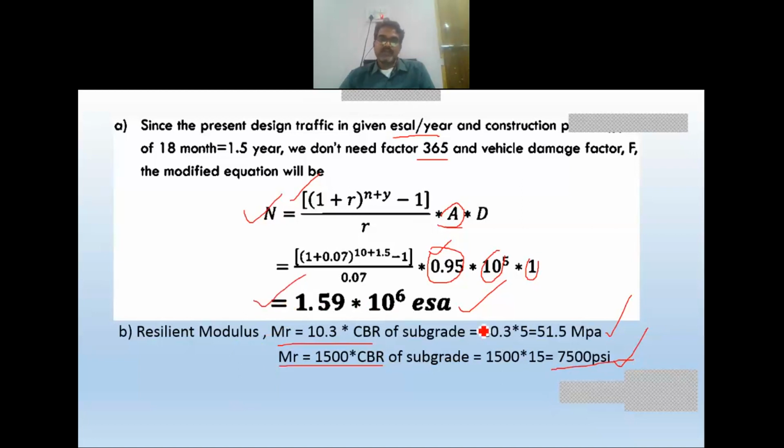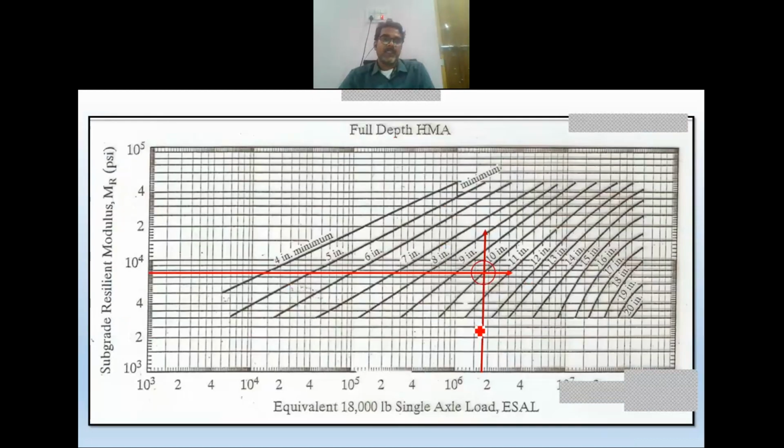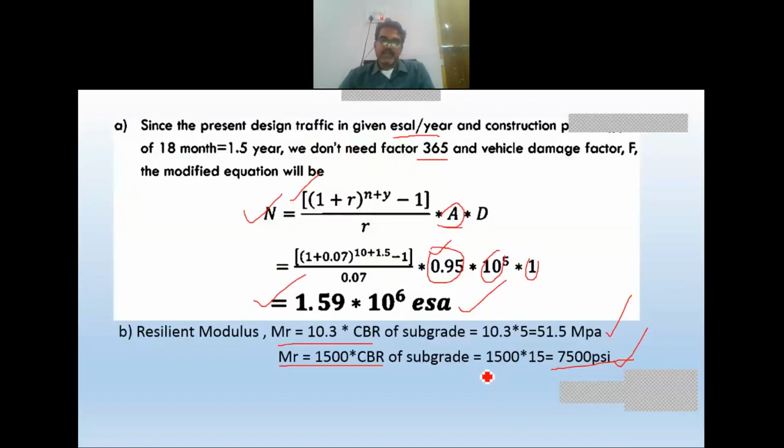So these two values are enough for us to design the thickness of flexible pavement in terms of the asphalt concrete layer. Now see this one. On the x-axis, you need to look at 1.59 into 10 power 6. That means 1.6, for example.